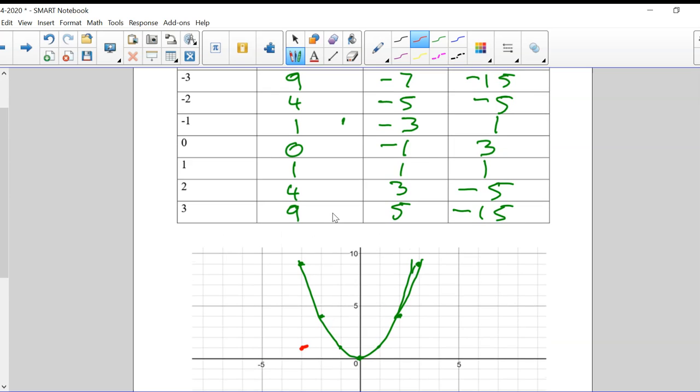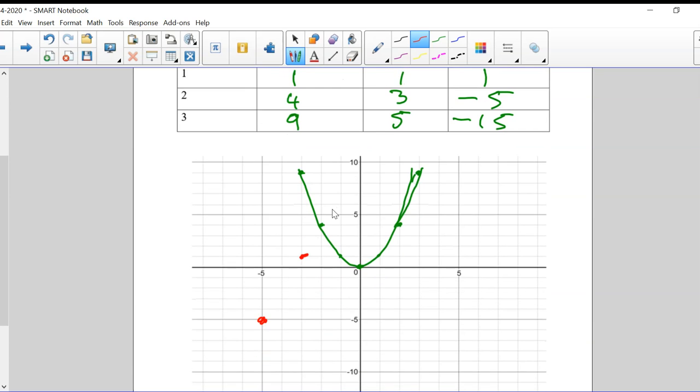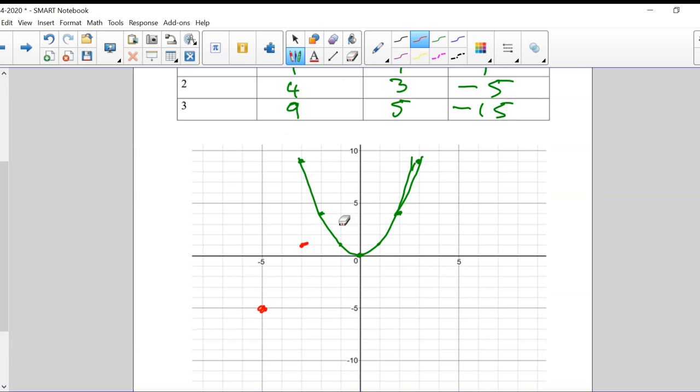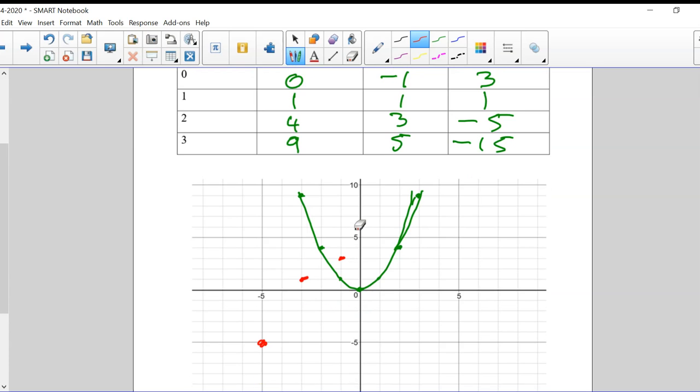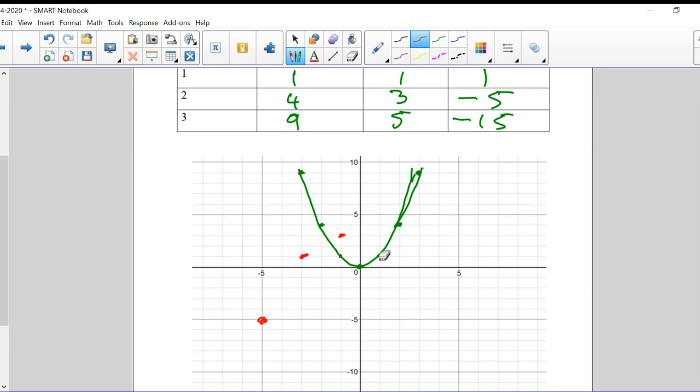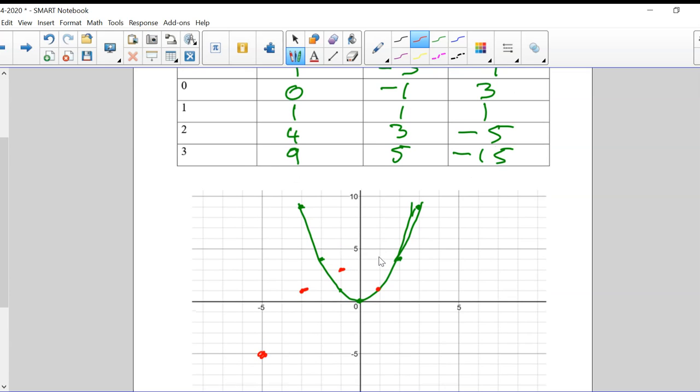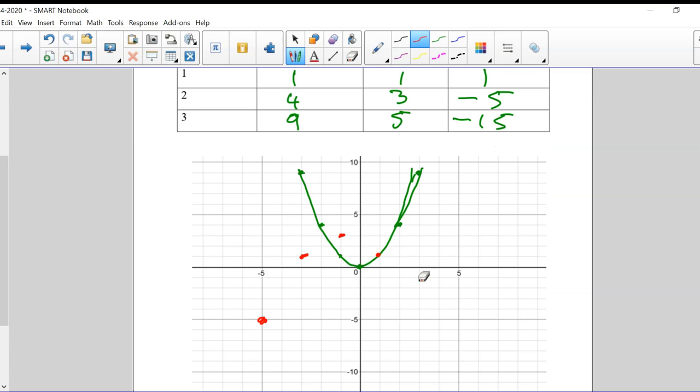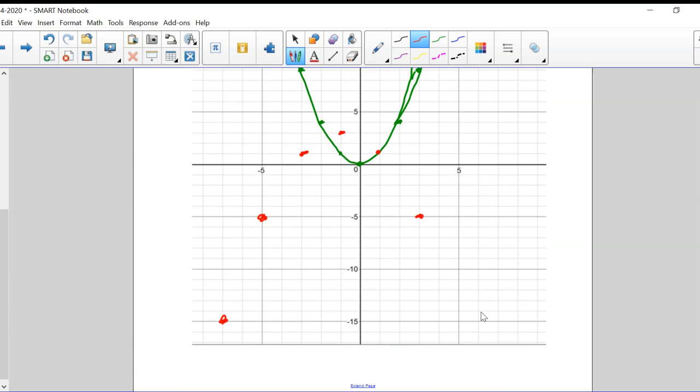And then -1, 3 should be around here. And then 1, 1 should be about here. And then 3, -5 should be about here. And 5, -15 should be about here.